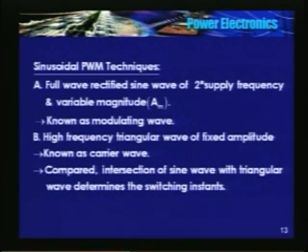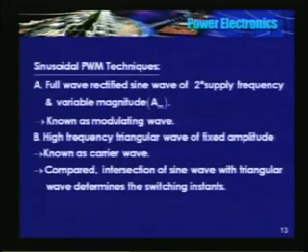So in the sinusoidal PWM technique, I need to have two waveforms. One is a full wave rectified sine wave whose frequency is the same as that of the supply wave. In other words, the input supply should be full wave rectified. This waveform is known as the modulating wave.